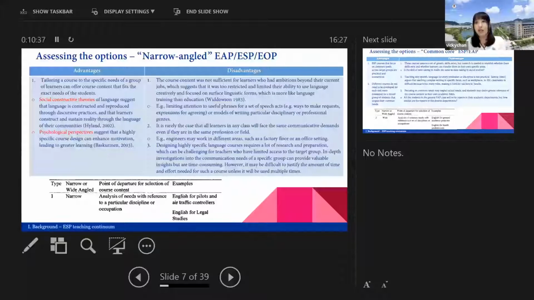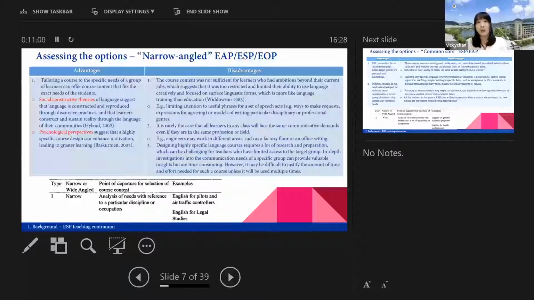And then if we actually design materials that suits a particular group of students, that makes learning more effective. And then from the psychological perspective, that also suggests that if we consider the needs of the student, that could enhance their motivation, and which indeed could also lead to greater learning.